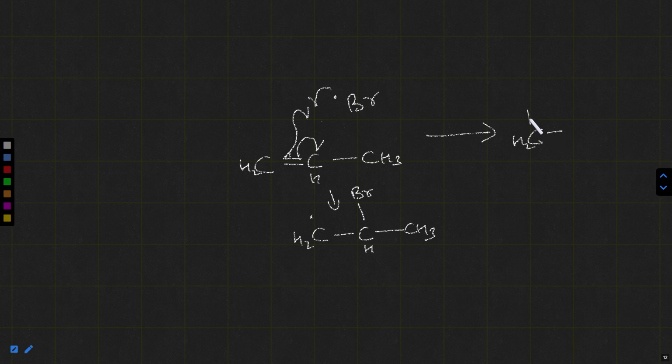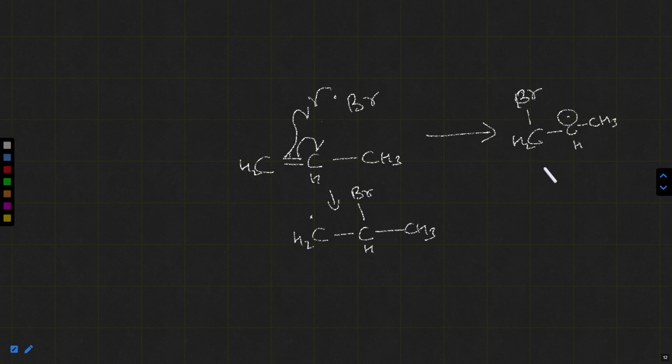We have two possibilities, either this one or this one. So two radicals are possible. One is a terminal radical, and one is a radical on the middle carbon.